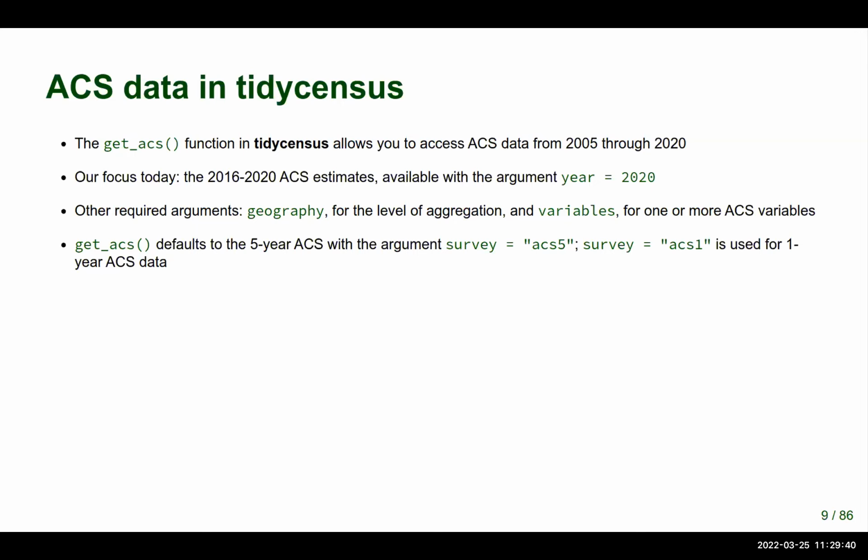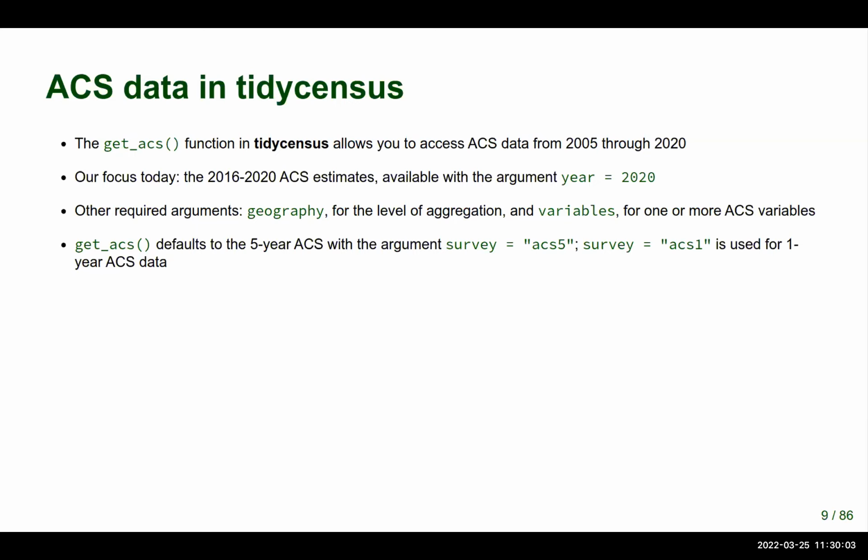I have not made that change yet. So if you don't supply a year, it will still default to the old 2015 to 2019 ACS estimates. When a new release comes out, that's probably coming next month, I would think, we're going to move that default year to 2020. For now, you need to specify year equals 2020 to get the new data.